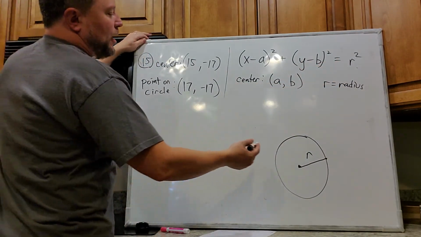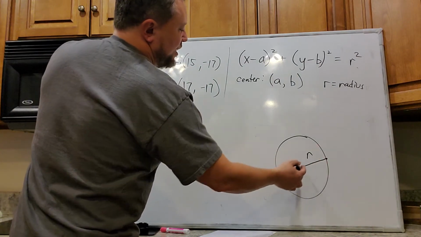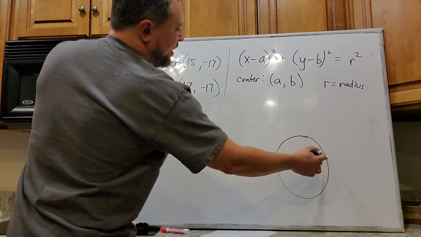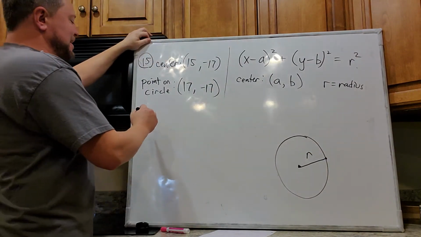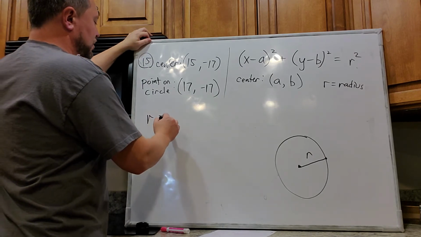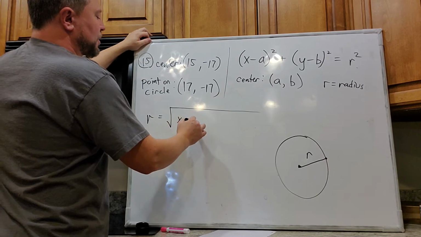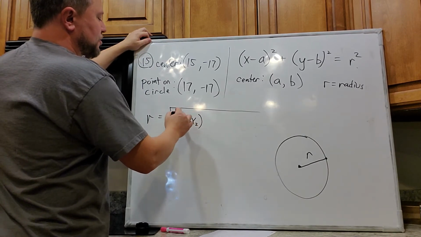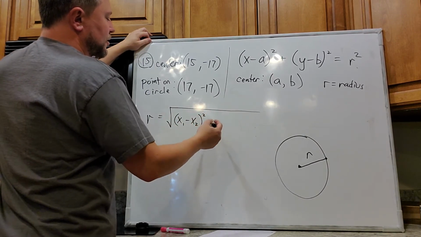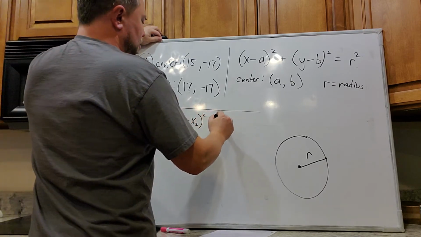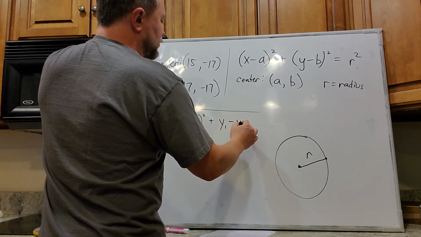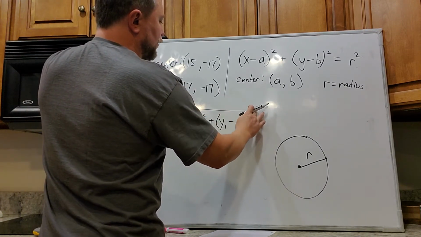If I want to find the length of this radius, knowing these coordinates at the ends, then all I have to do is use the distance formula to find that. Here's the distance formula: x1 minus x2, that quantity squared, plus y1 minus y2, that quantity squared.